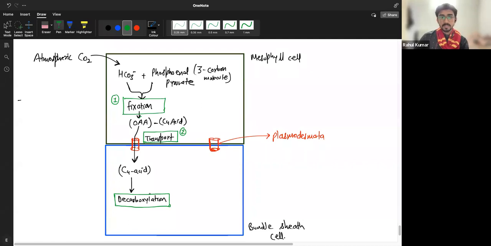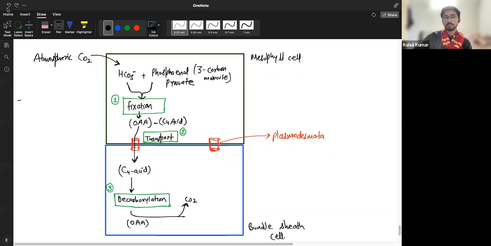But here what happens, the third thing is decarboxylation. Now in decarboxylation, what we mean is that this C4 acid goes, so OAA goes, and from this CO2 is removed back, and what is left?